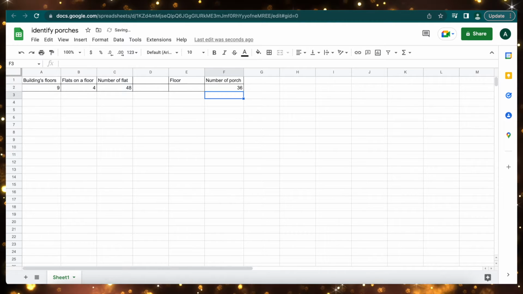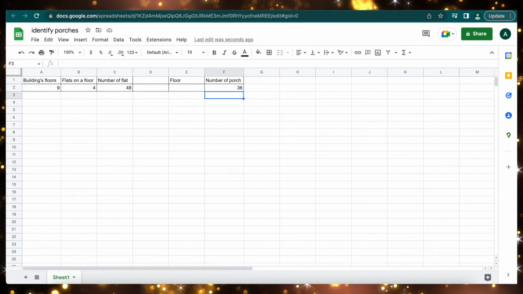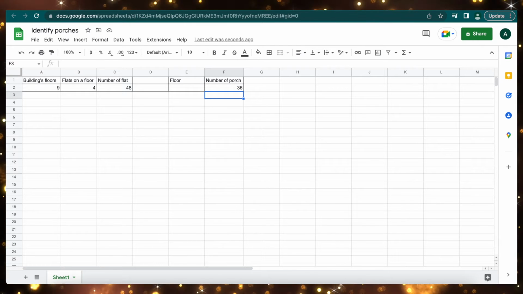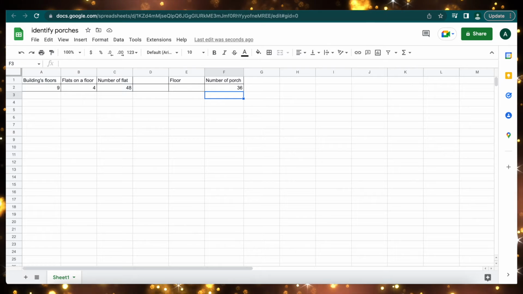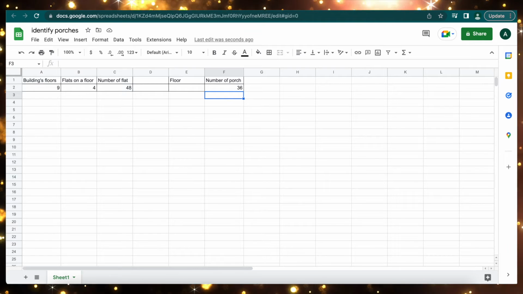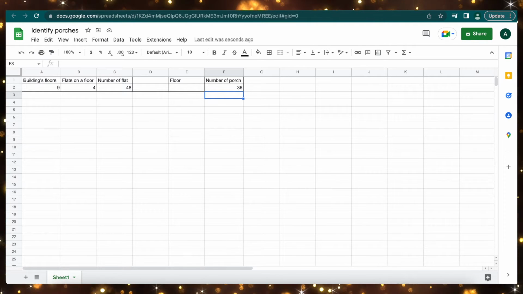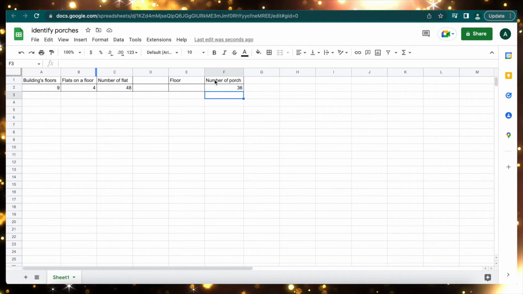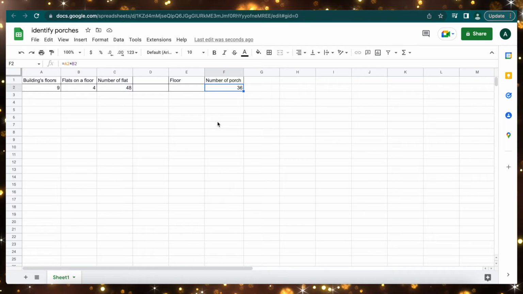And we know that in the first porch we have 36 flats. That's why we can predict that our flat 48 is located in the second porch. But we have to change our formula in an appropriate way.